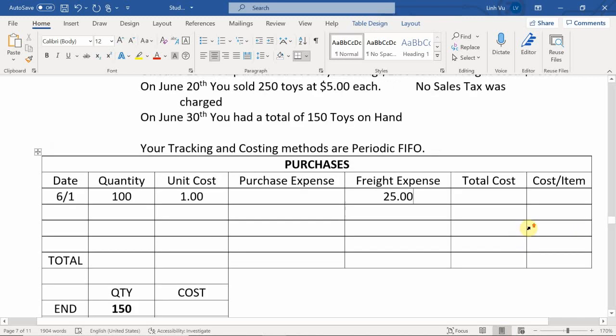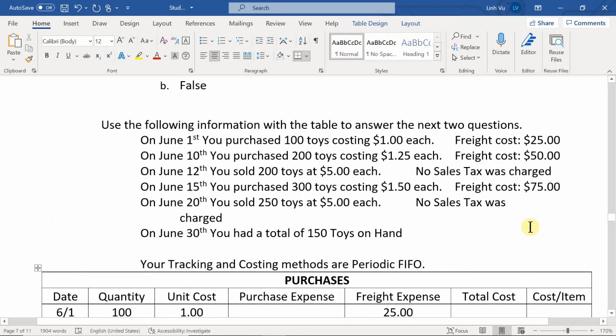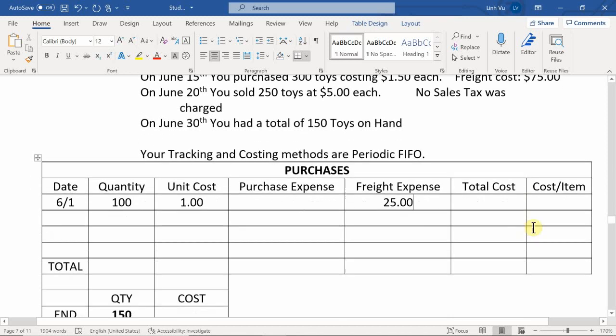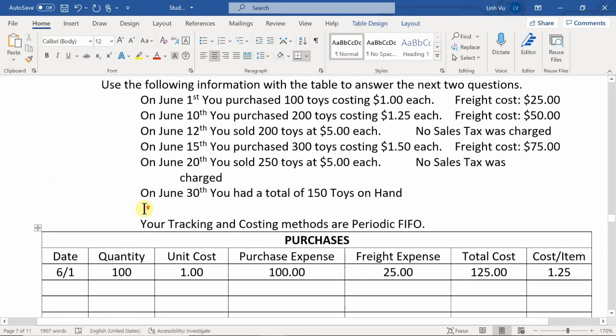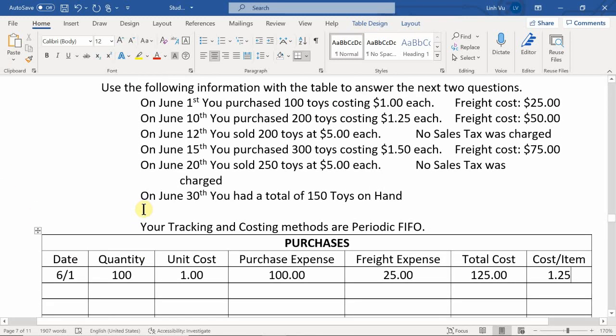What is my purchase expense? $100. $100 plus freight of $25 gives you a total cost of $125, which then leaves my cost per item to be $1.25.